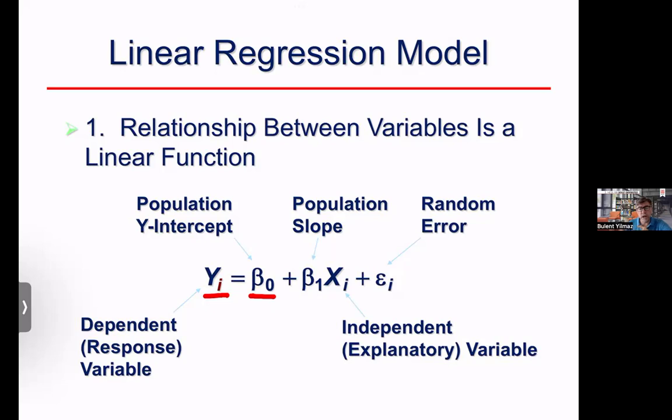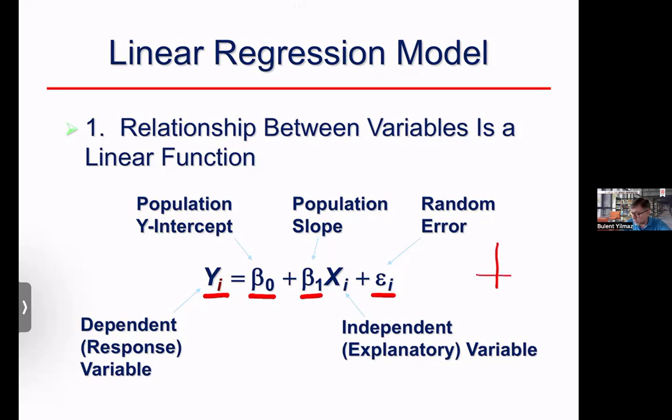And finally, I am trying to find out a relationship between weight and height of AGÜ students using only 50 students' information. Okay, but now this is the population slope, this is the population intercept, this is the random error that we have in our plots.